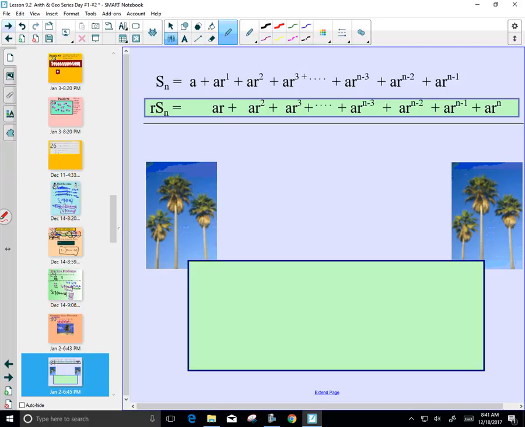So here's what you're going to do. You're going to take the ratio here and multiply it by your sum. So I'm going to take this formula and multiply everything by r. So this a becomes a times r. This ar becomes ar squared. This ar squared becomes ar cubed. So I'm just taking the sum equation here and multiplying by r. And I'm going to subtract these.